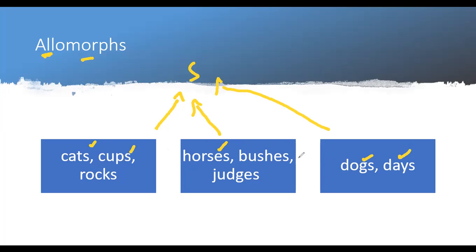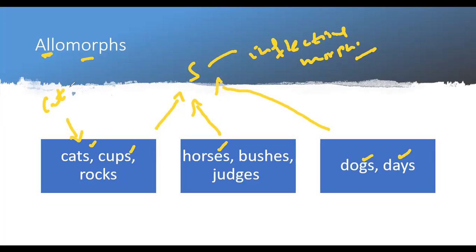And another common thing is that they are all plural, because "s" is an inflectional morph changing the grammatical meaning: "cat" is singular, and when we add "s" it becomes plural.